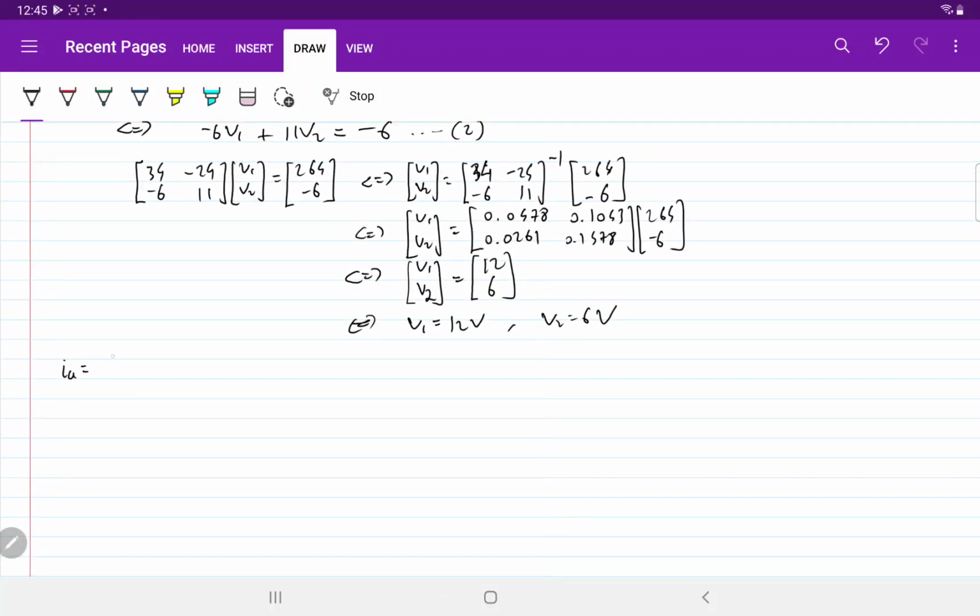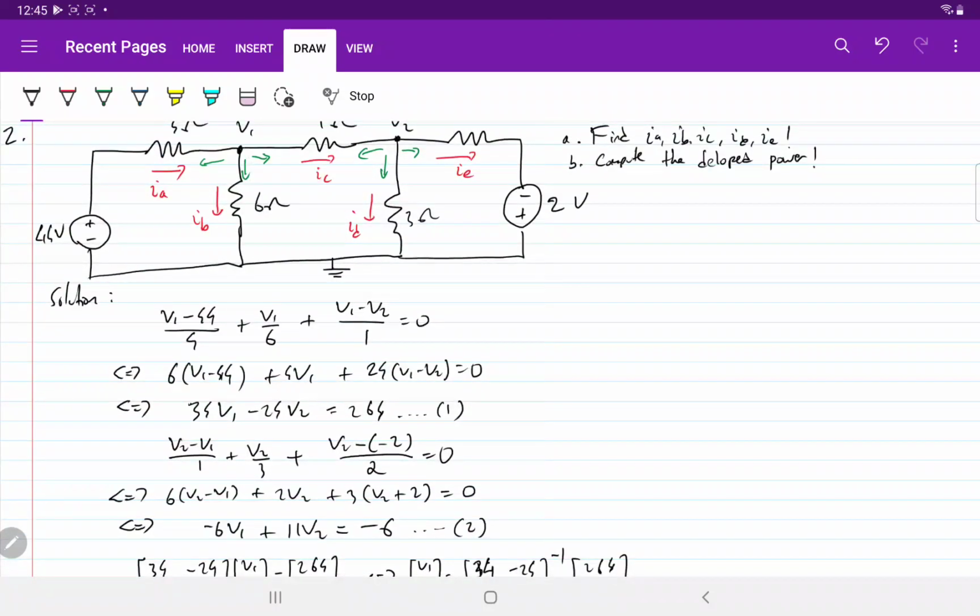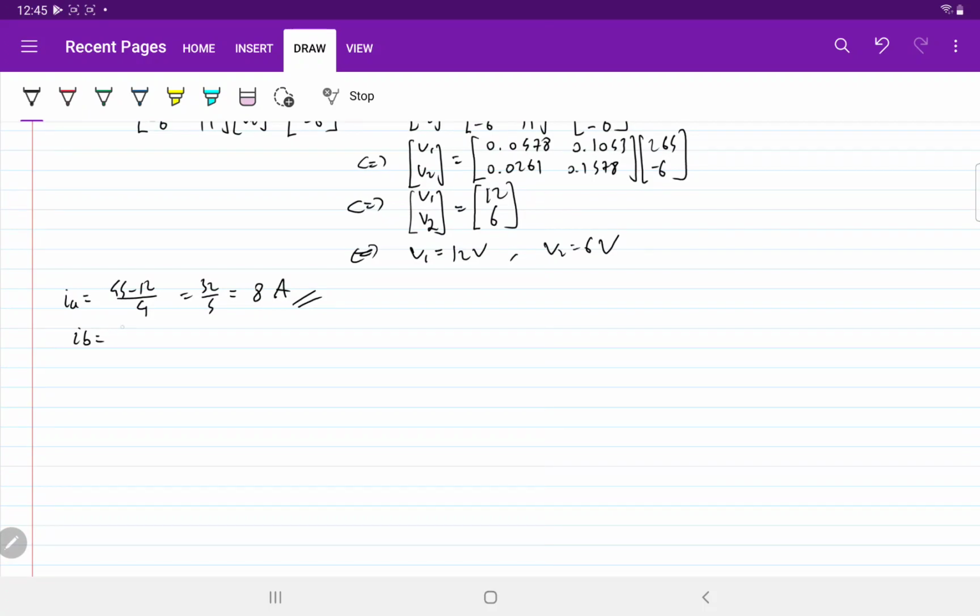But V1 is 12, so 44 minus 12 over 4 is 32 over 4, is 8 amps. IB is V1 divided by 6. V1 is 12, is 2 amps.